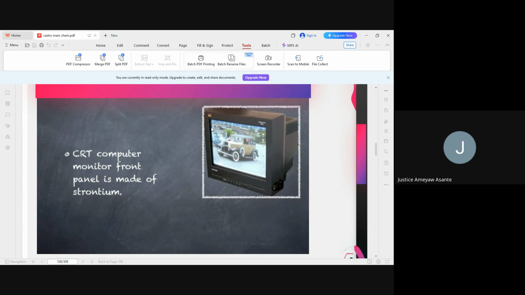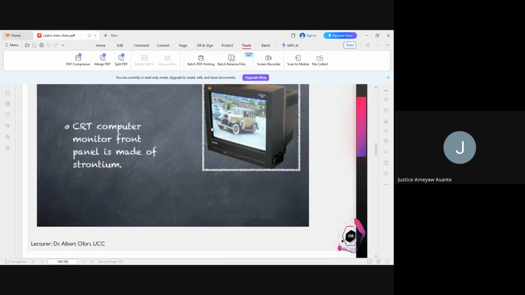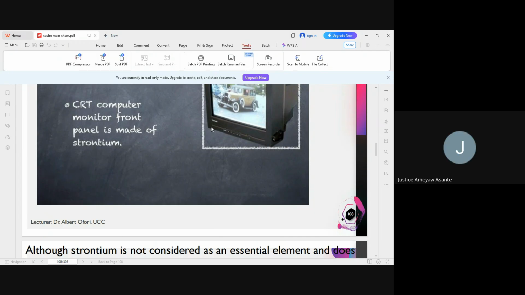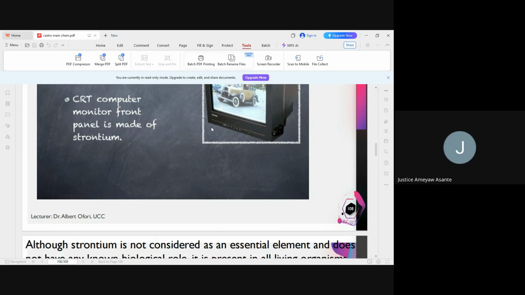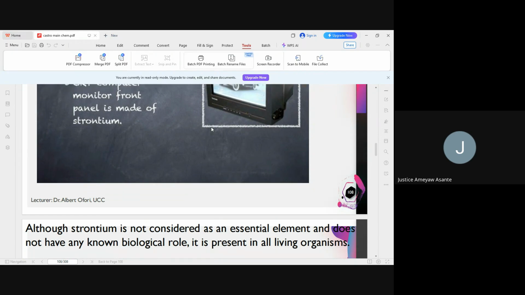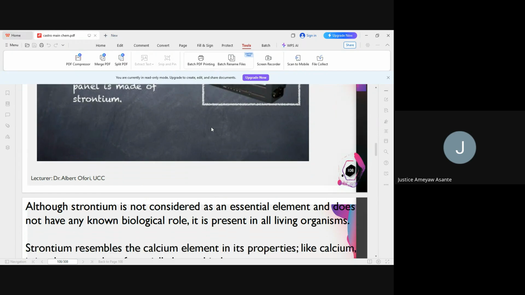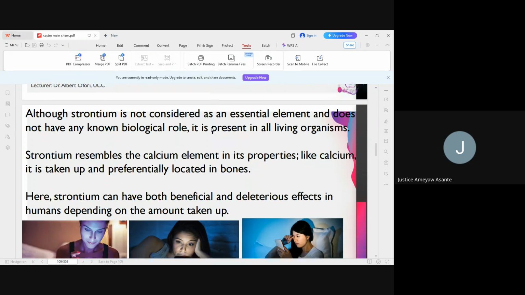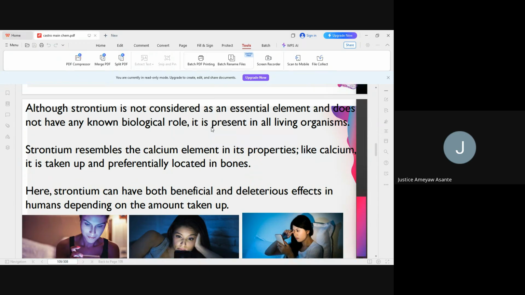So you know CRT? Cathode ray tube, computer monitor front panels, is one use for strontium. Although strontium is not an essential element and does not have any known biological role, it is present in living organisms.